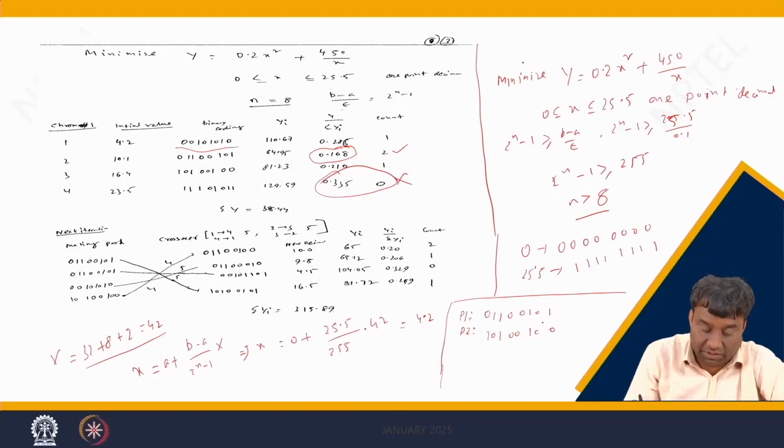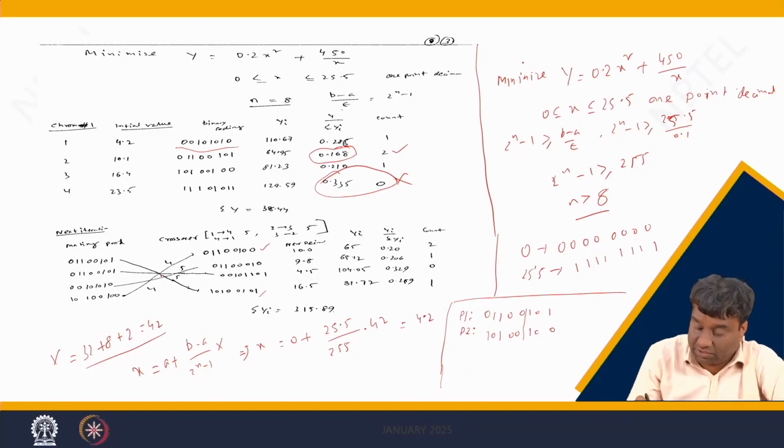Then we cross after the fifth bit. So C1 will be 0 1 0 0 1 0 0, and C4 we are assuming as 1 0 0 0 1 0 1. So that is C1, that is C4.